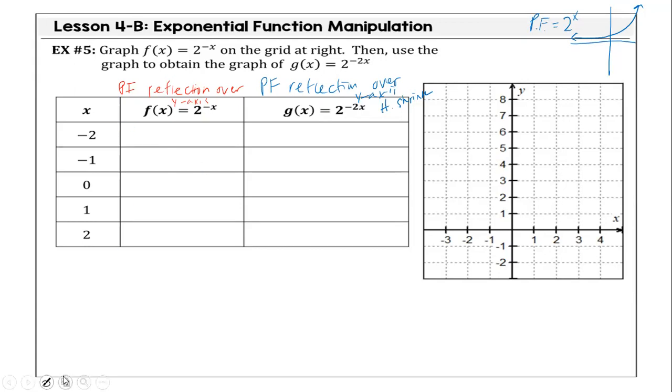So here on the first one, we have 2 to the negative 2. We will have 2 to the, not negative, positive 2, because a negative times a negative is a positive. 2 to the positive 1, 2 to the 0, 2 to the negative 1, 2 to the negative 2.